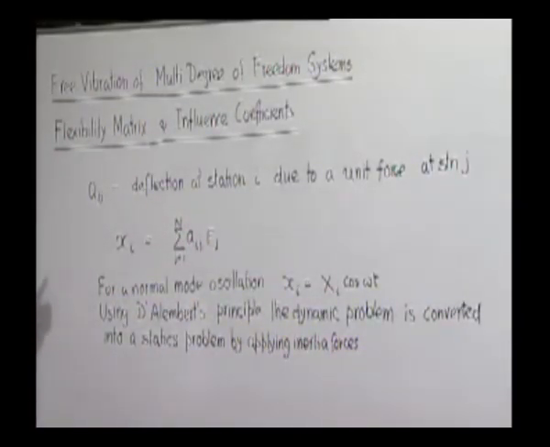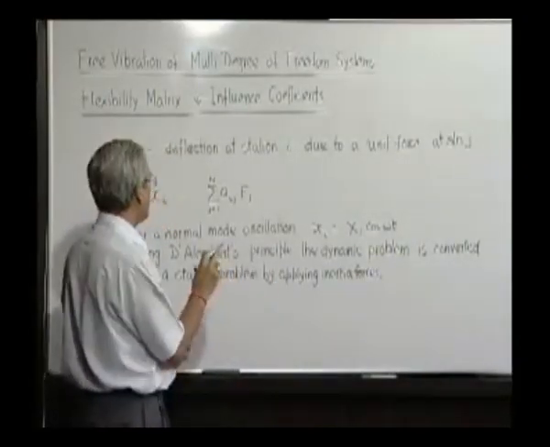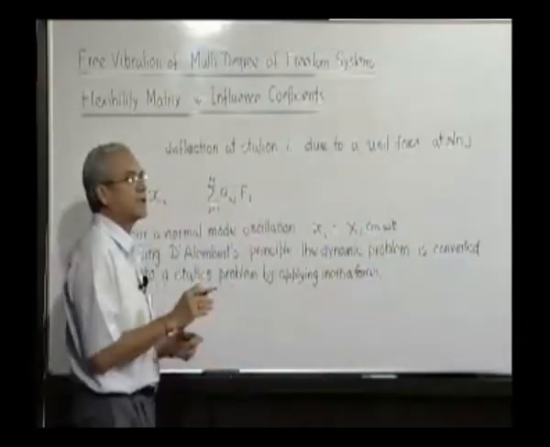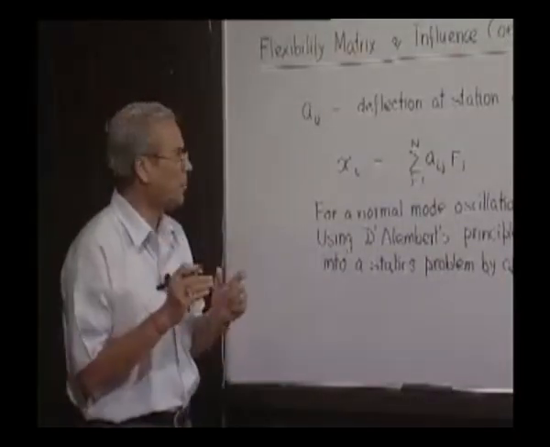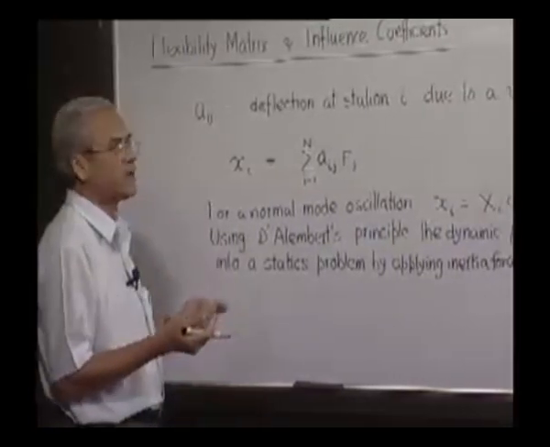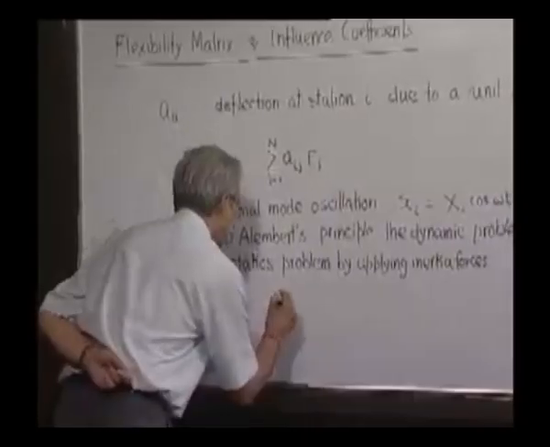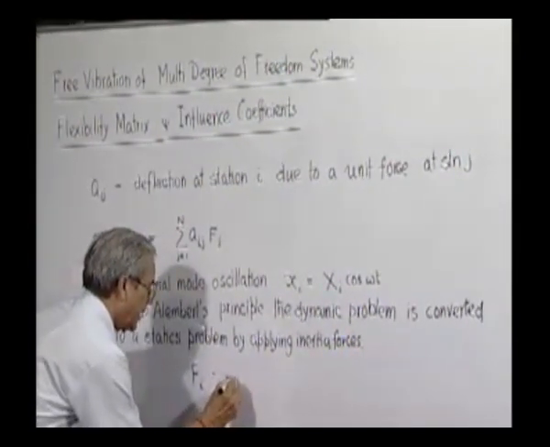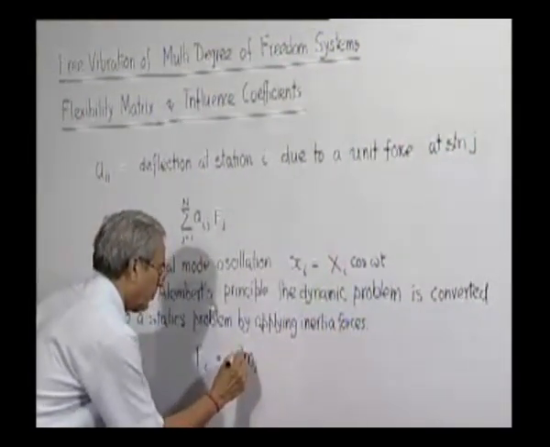So, at every station, like say for the ith station, it is having an amplitude capital Xi with a frequency omega, and that station carries a block of mass Mi. So, what we can do is that we apply or introduce the inertia forces at each station. So, at the ith station, inertia force will be minus Mi into omega square.